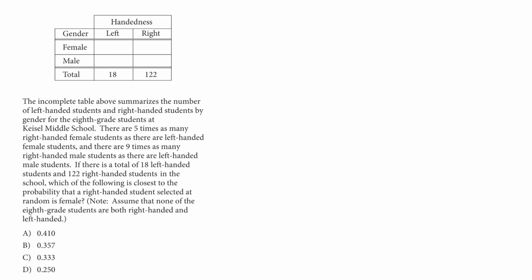We have 4 variables that we have to solve for: female students left, female students right, male students left, and male students right. They tell us there are 5 times as many right-handed female students as there are left-handed female students. So let's start with that. Our females that are right-handed is equal to 5 times the number of females that are left-handed.